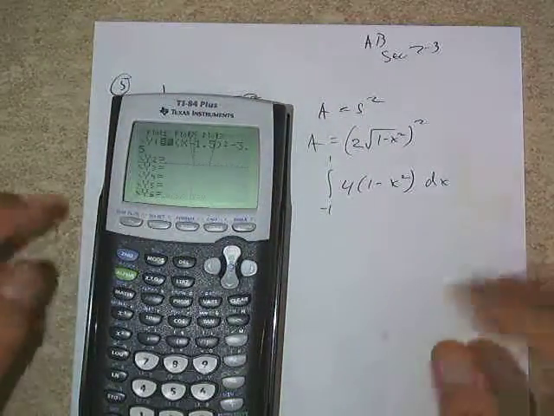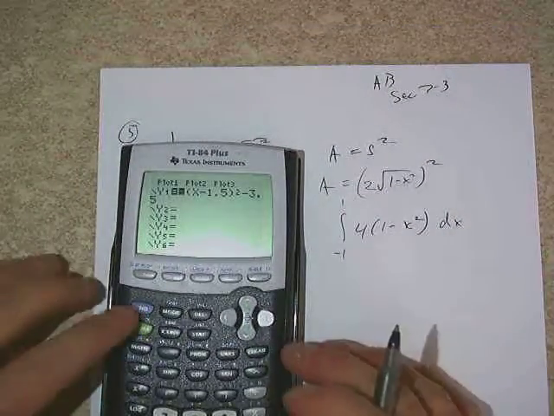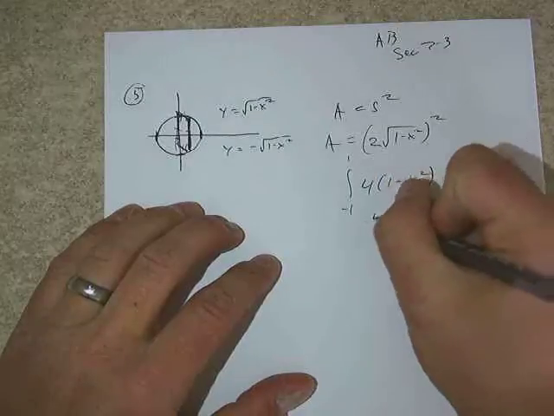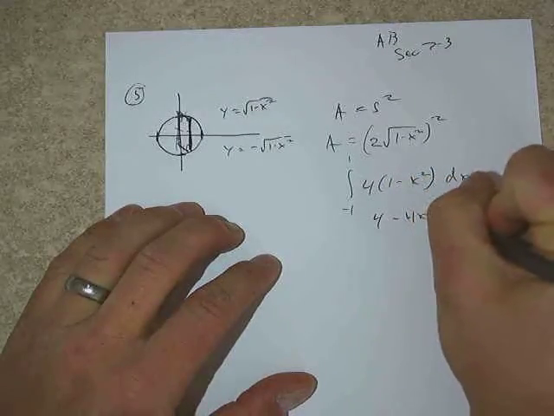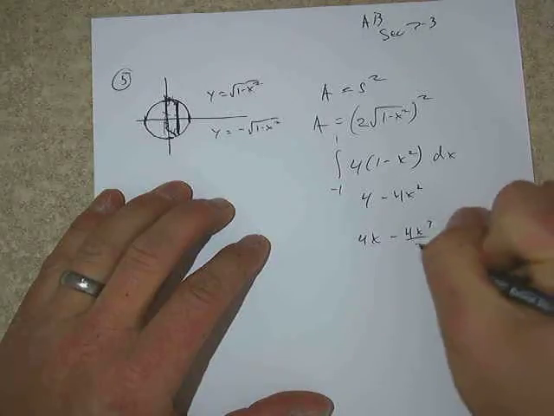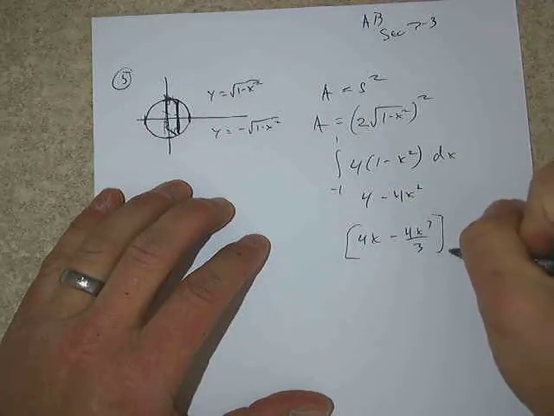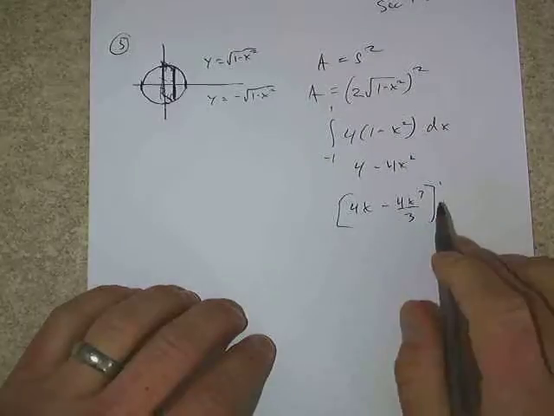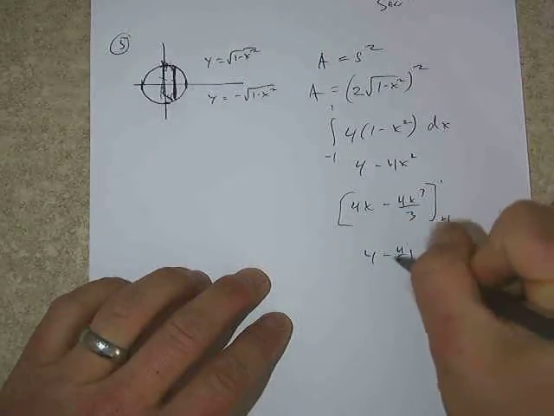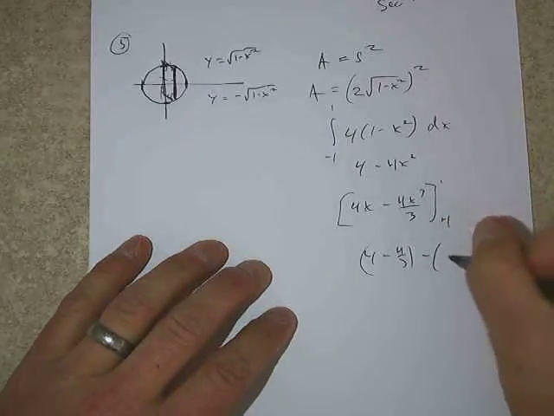So once we write the integral, it's a matter of a calculator problem. Oh, it does say analytic. You're right. So analytically we'd rewrite this as 4 minus 4x squared, and the antiderivative would be 4x minus 4x cubed over 3, from -1 to 1. Putting the 1 in there would give us 4 minus 4 thirds.